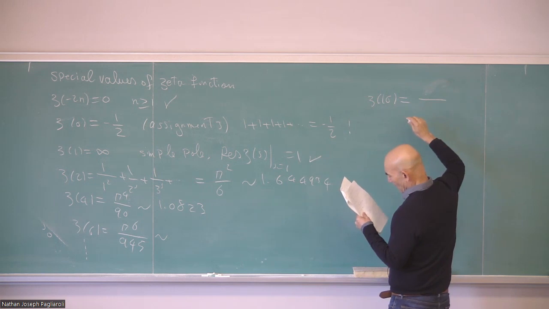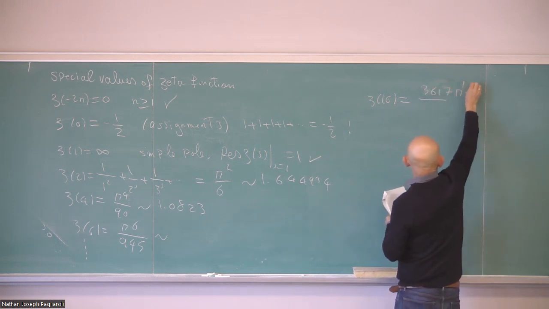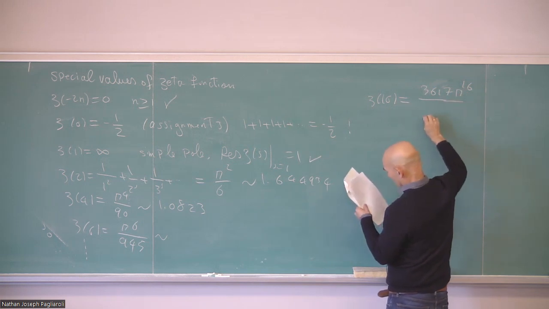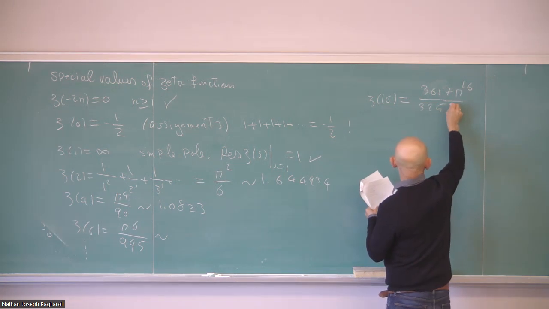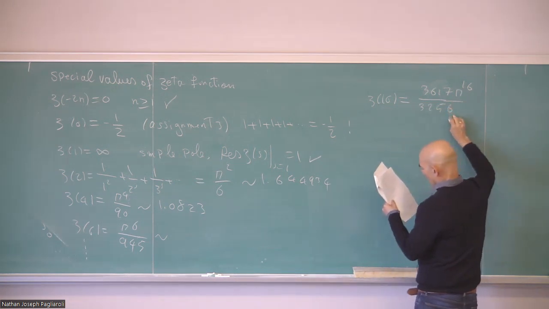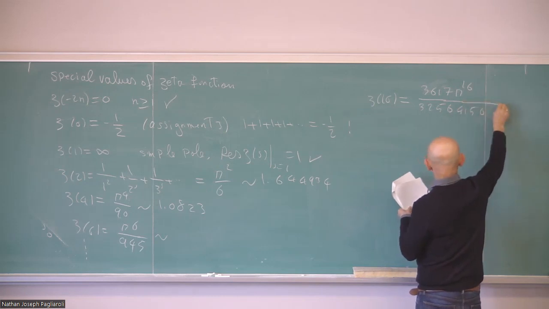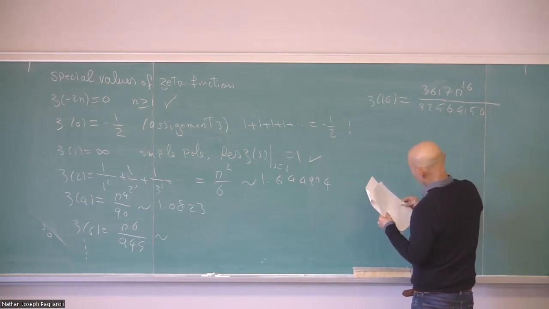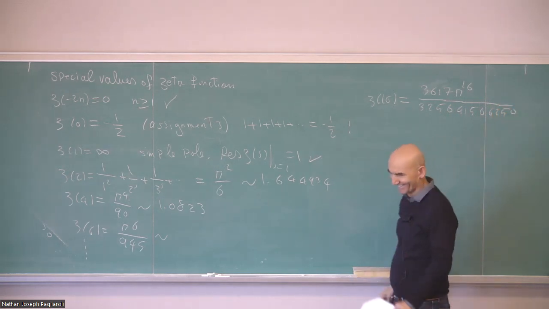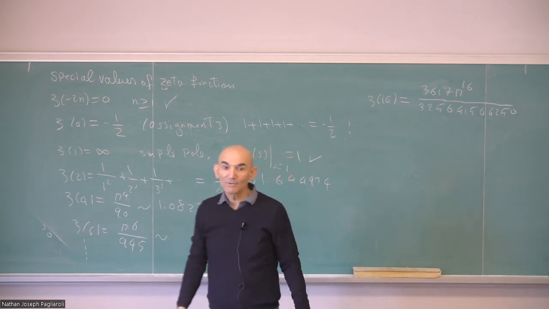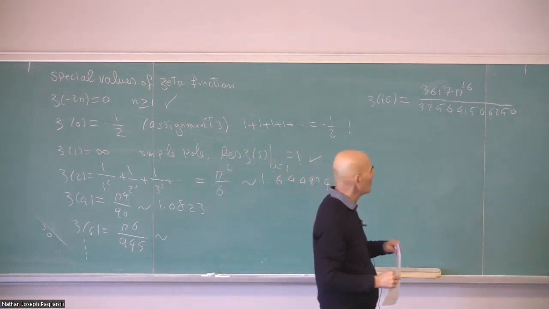It's 3617 pi to the power 16 over some large denominator.